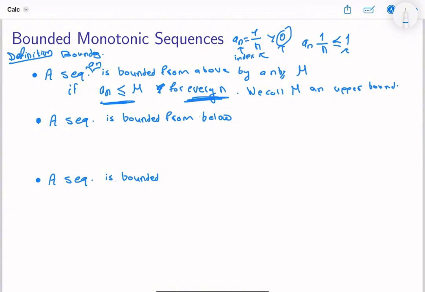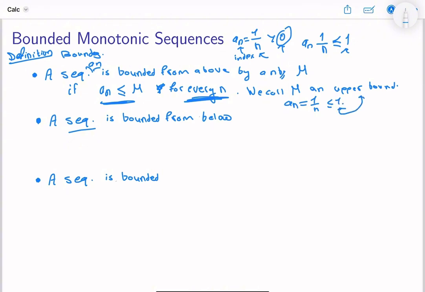Similarly, we just gave an example. For this one, an equals 1 over n is bounded above by 1, so this is the upper bound in this case.